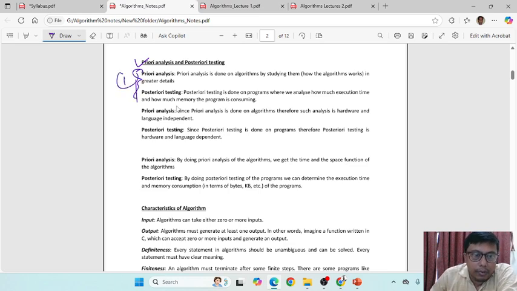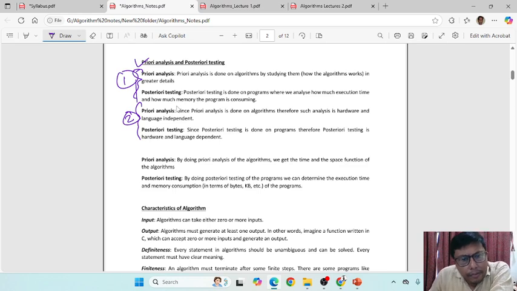This is the first point. The second point: since a priori analysis is done on an algorithm, and the algorithm is itself hardware and software independent, and also language independent, because an algorithm is written in English-like language, a person does not require knowledge of various programming languages to write an algorithm.